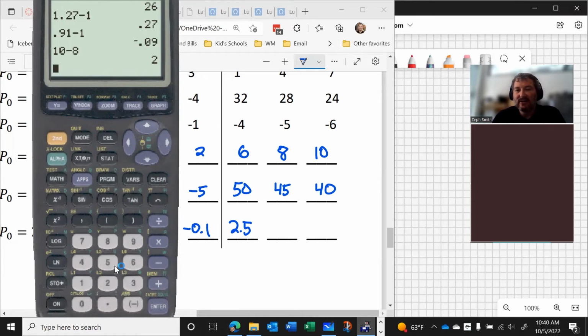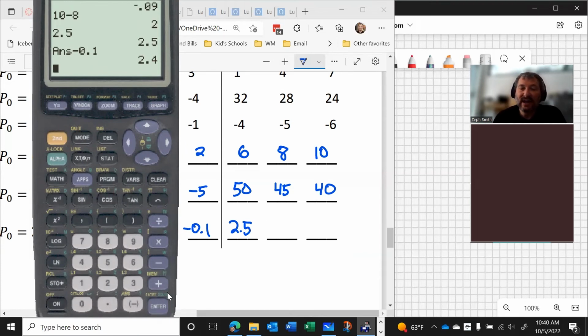I'm using a graphing calculator that looks very similar to the TI-30 brand of calculators, where the keystrokes and answer buttons are basically the same. So if you put in the initial value, and then take that value, which I'm going to call answer, and subtract 0.1, go and hit enter, it will subtract 0.1. That's the next value, 2.4.